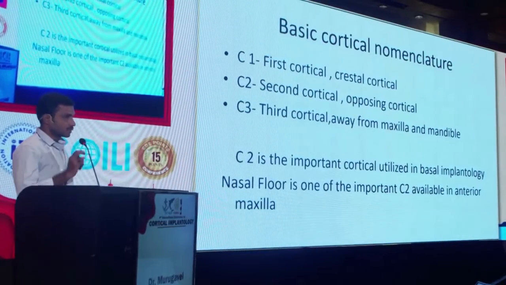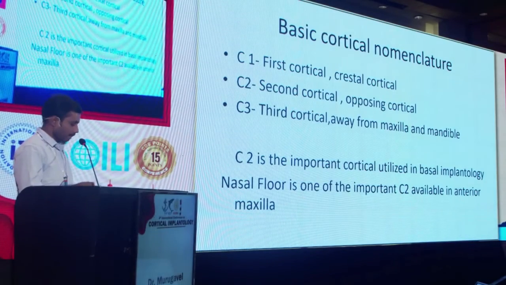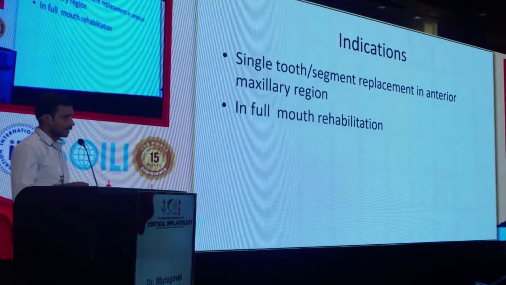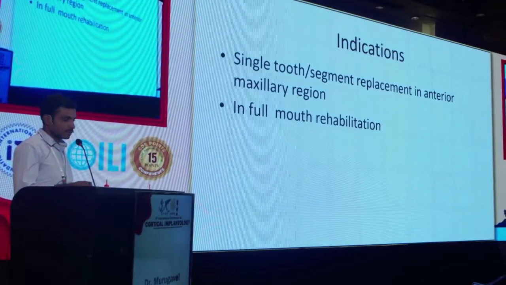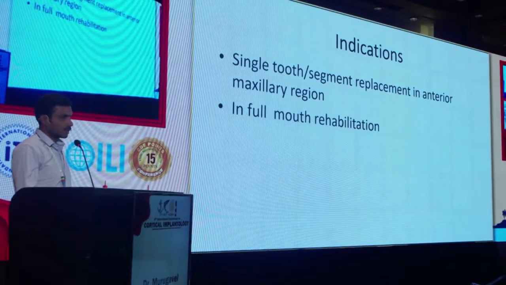So the basic cortical nomenclature, Dr. Jugal has already discussed. The nasal floor is the mainly used second cortical in the anterior maxilla, which we commonly use in basal implantology. It can be engaged in single tooth replacement, anterior segment teeth replacement, or full mouth rehabilitation.